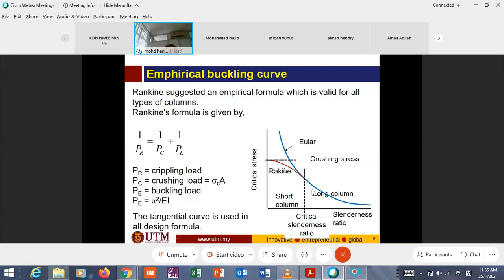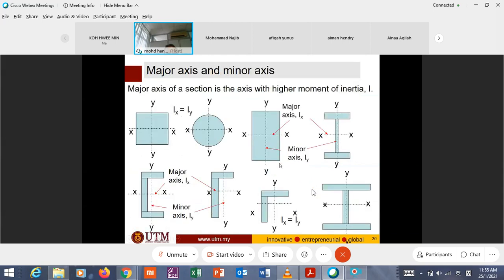Rankin had been successful to derive a formula that can be used continuously, covering short column and long column in a single formula. This single formula makes it easier.